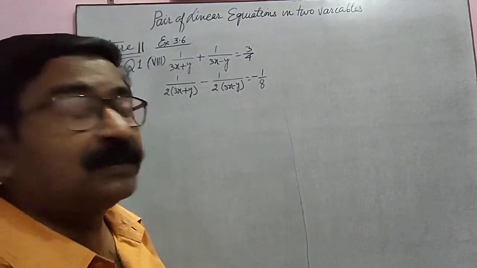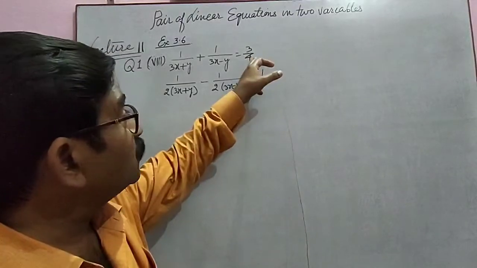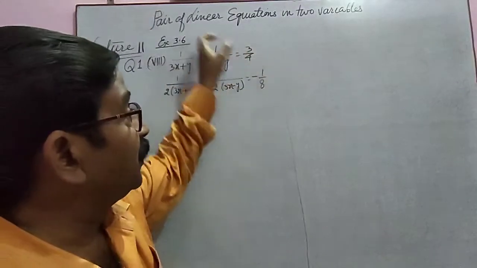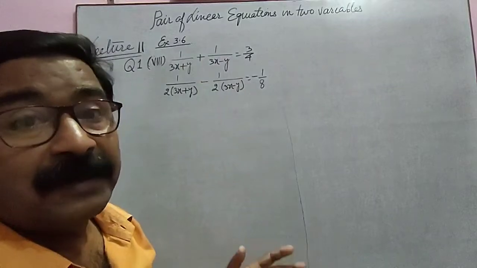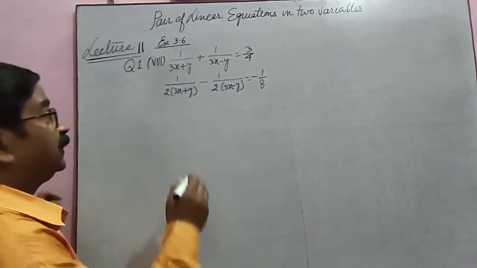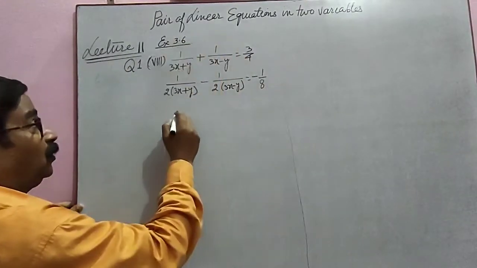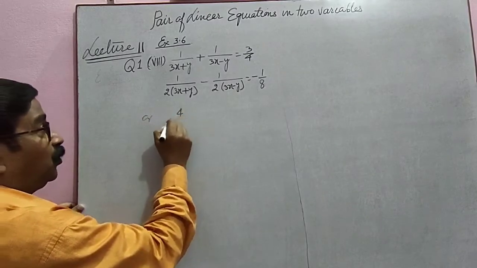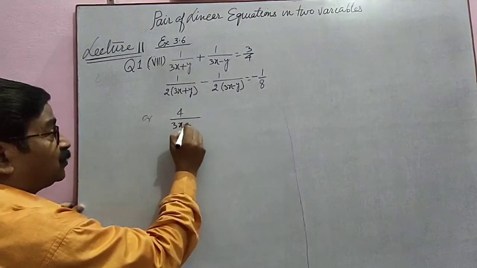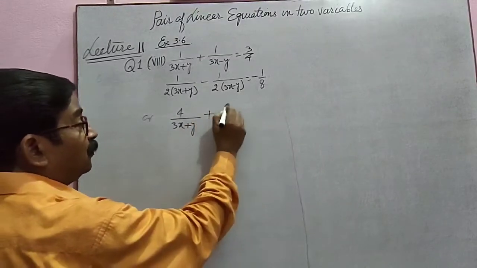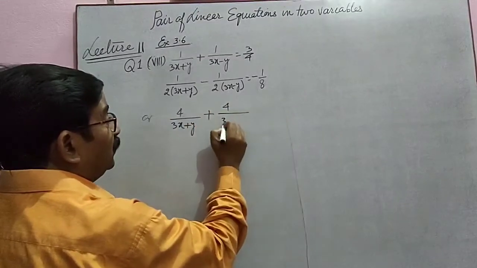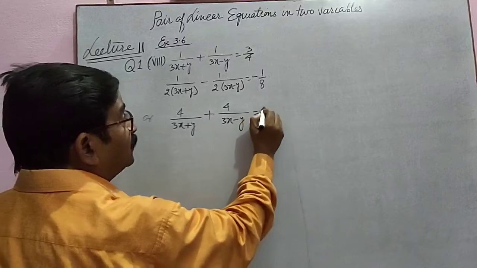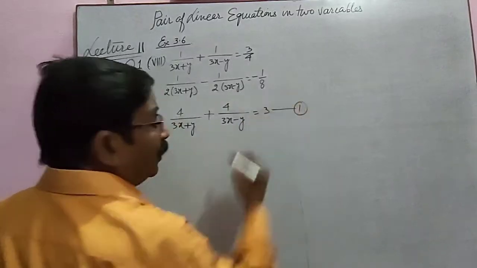To eliminate it, you can cross multiply by the denominator. So you will have a simple equation. Multiply this by 4. So we have 4 upon 3x plus y plus 4 upon 3x minus y is equal to 3. Let us see question number 1.